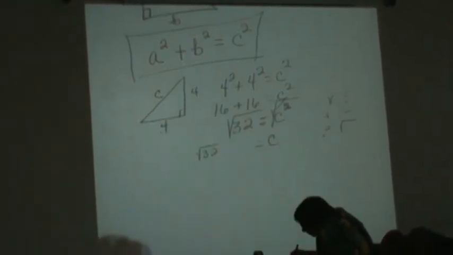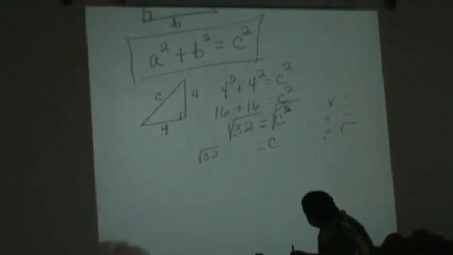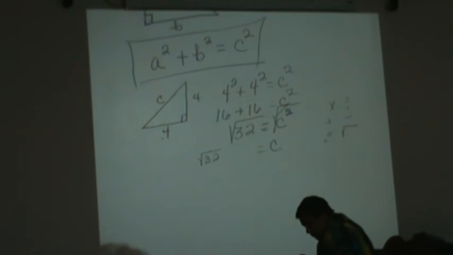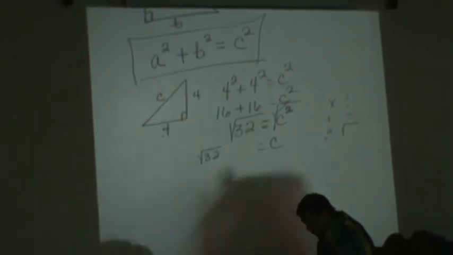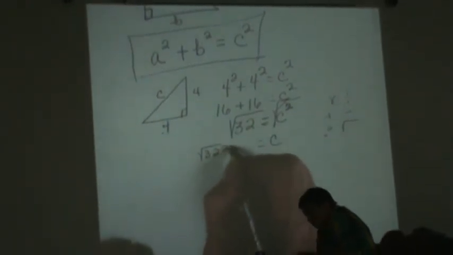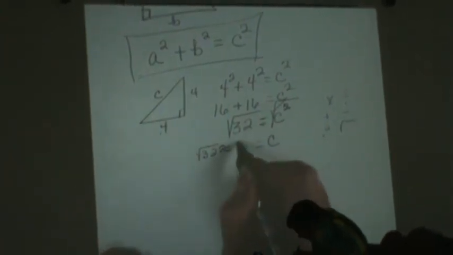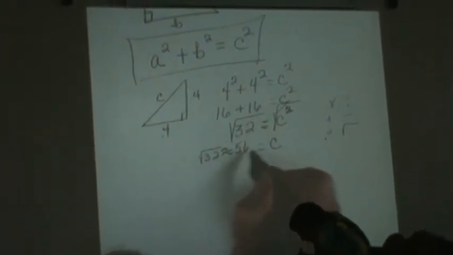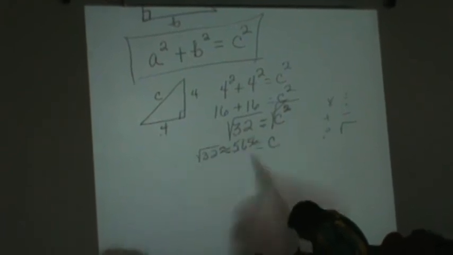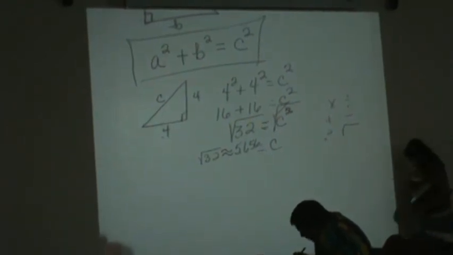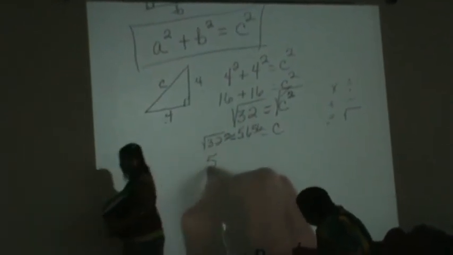That's not a perfect square. It's not going to come out all pretty like you might want it to, okay? That comes out to about, this means approximately, the wiggly lines, about 5.656 something, okay? It says on the problems you have to approximate to 3 decimal places.